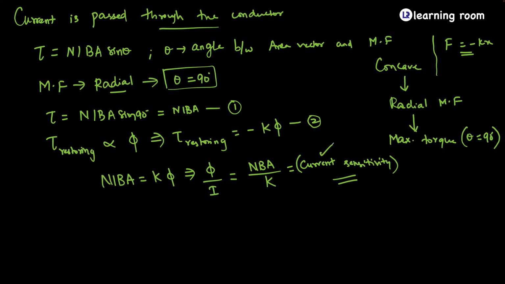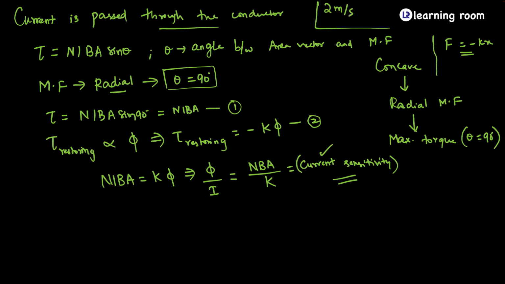So what we are doing is, you saw this current sensitivity, right? Did you understand the significance of it? What is the meaning of current sensitivity? Don't memorize it. How much deflection is taking place in a galvanometer when you pass unit value of current? Just to give you a similarity, if I tell you the speed of an object is 2 meters per second, what is the meaning of this?